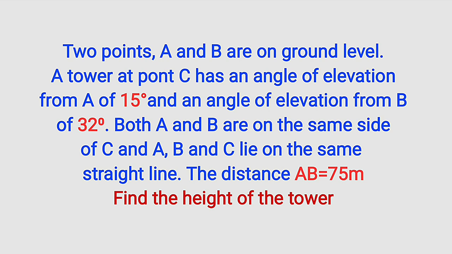Alright, let us form a sketch of this diagram. According to the question, A, B, and C are all on the same straight line on the ground level. So let's assume we have a ground level here, something like this. Let's assume we have point C here where we have our tower, and you should expect the tower to be a vertical height, right?